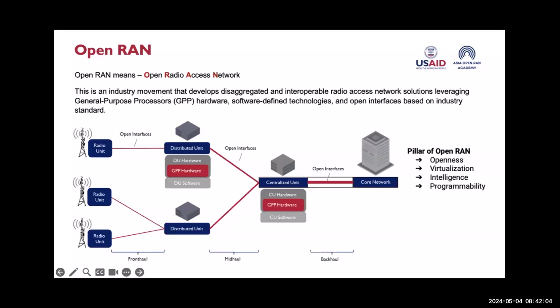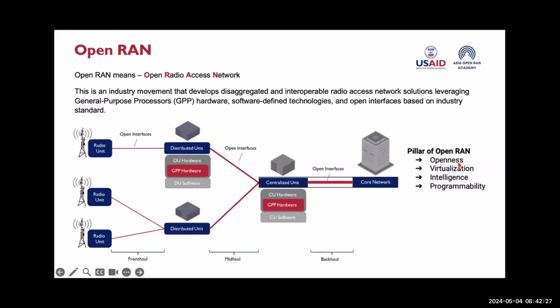So meaning you can mix and match different vendors that will leverage the general purpose processor hardware, like the commercial off-the-shelf servers, the white box radios, and then you will have software-defined technologies, and of course, utilize open interfaces. So you can mix and match different equipment.